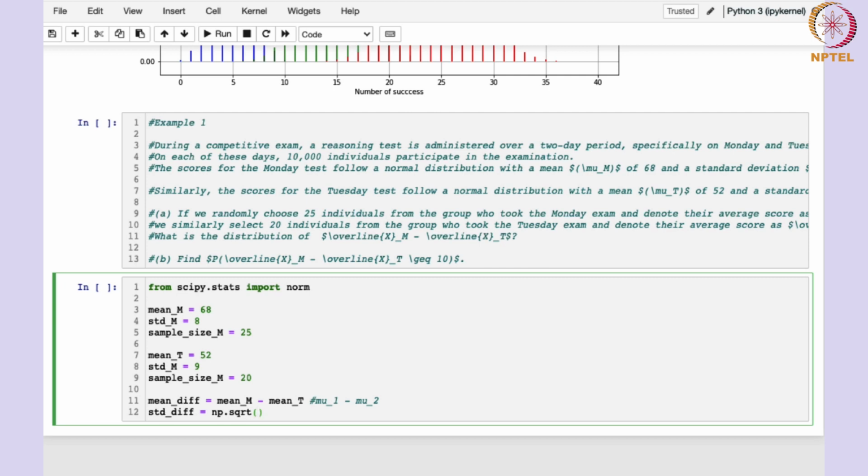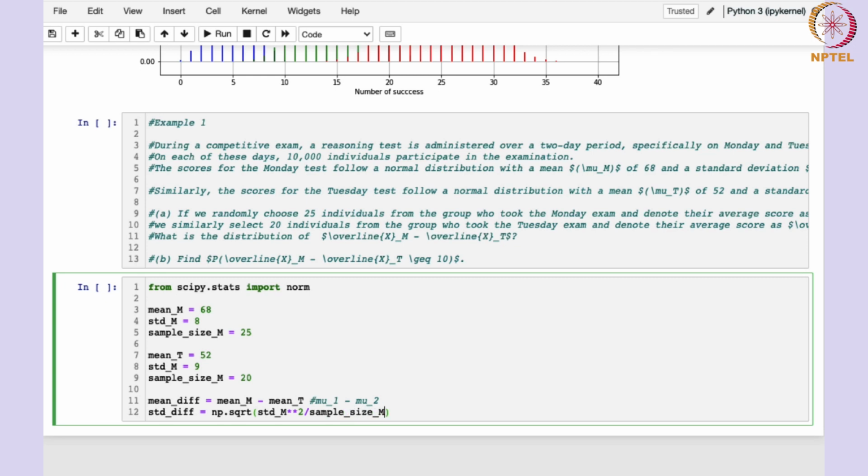Here we need the standard deviation of Monday, that is sigma 1, squared, so power 2, divided by the sample size of Monday, sample underscore size underscore Monday.